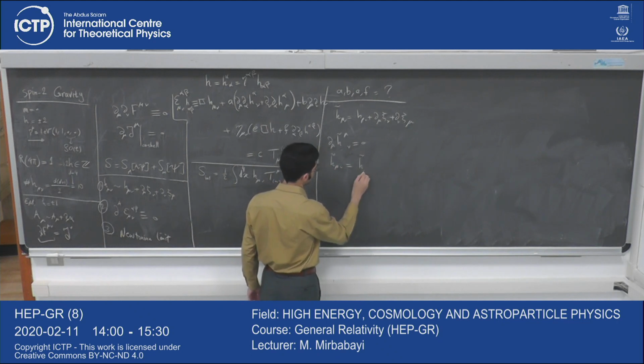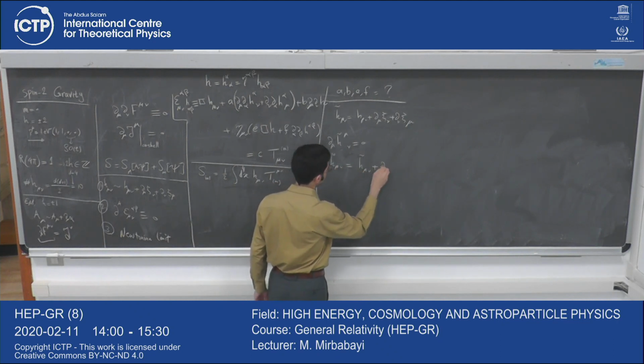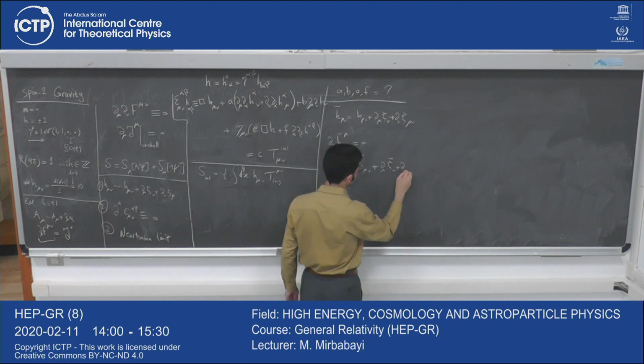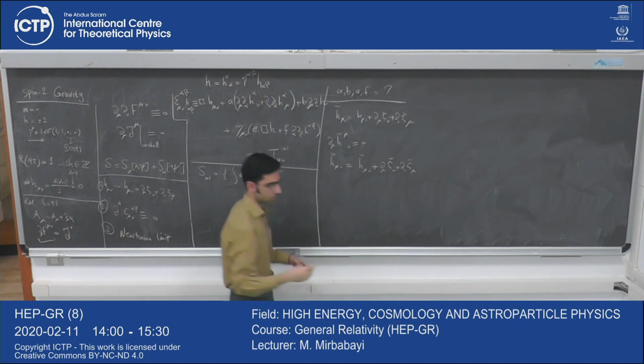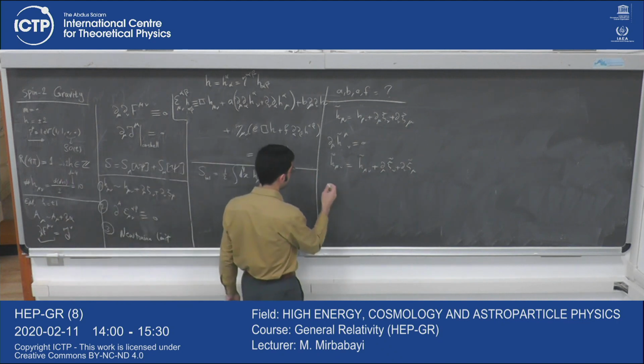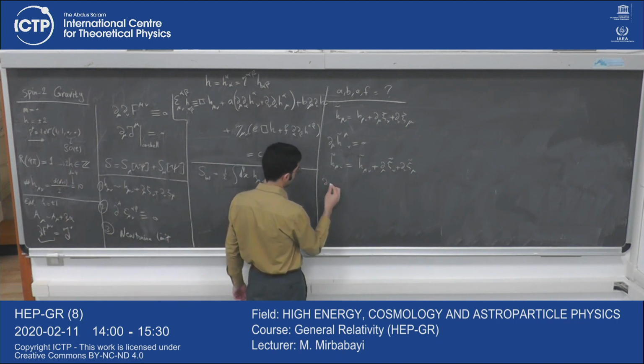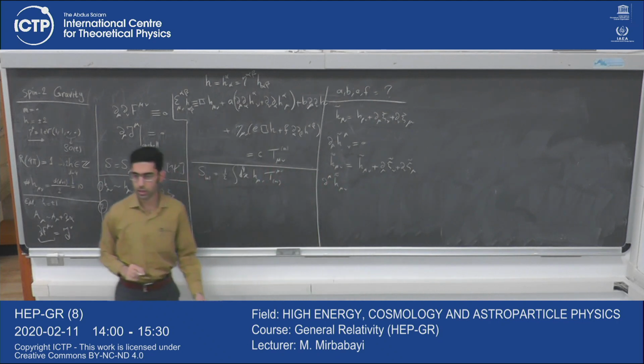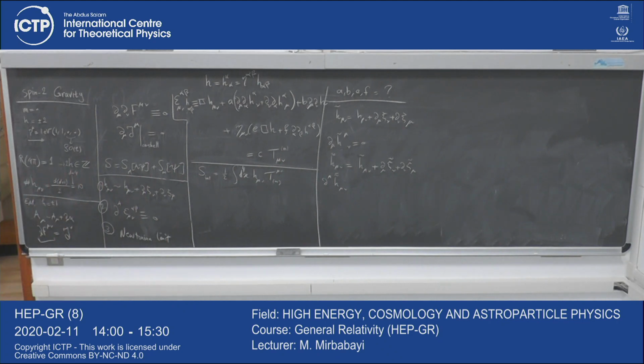Let's write it as h tilde mu nu plus d mu xi tilde nu plus d nu xi tilde mu. So let's do a second diffeomorphism. And then ask what is d^mu of this new field.